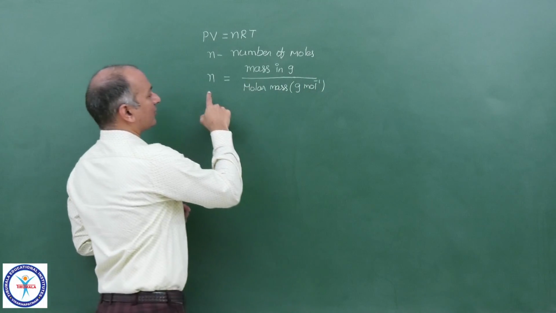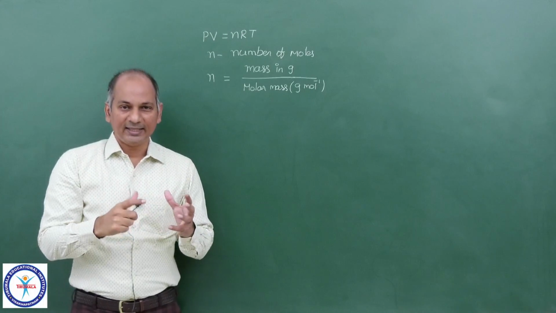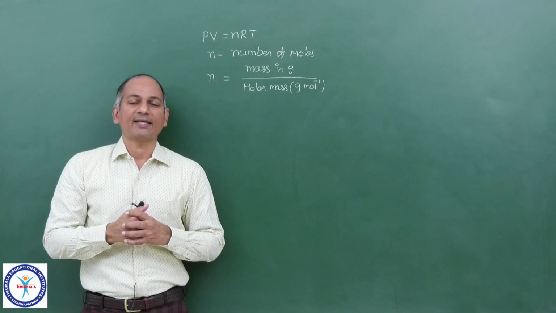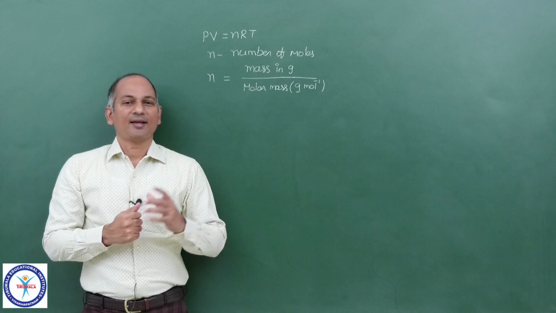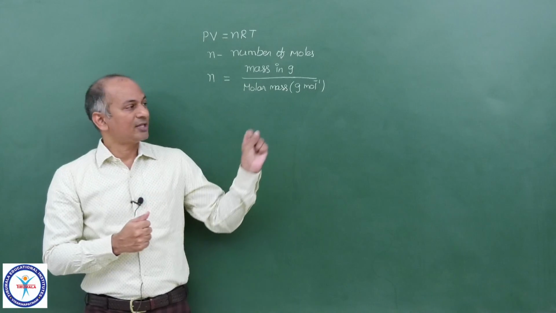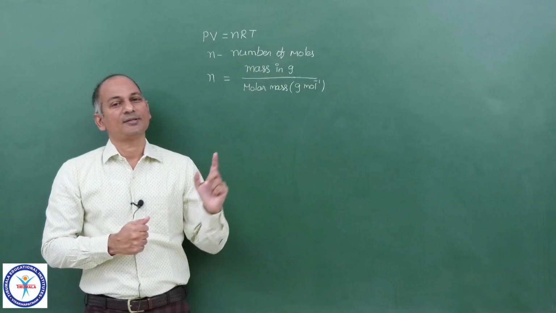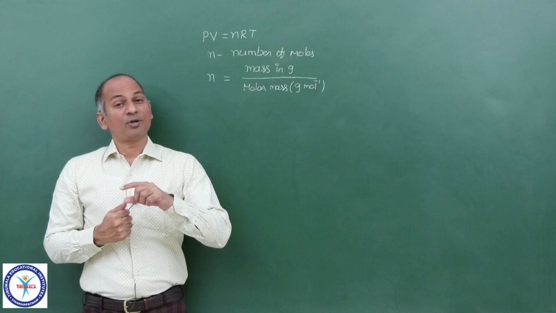Now can I write down number of moles like that? Given mass in grams upon molar mass of the gas, and units of molar mass of the gas is gram per mole. Just you recall what is the definition of molar mass. It is nothing but mass of 1 mole. And what is 1 mole?